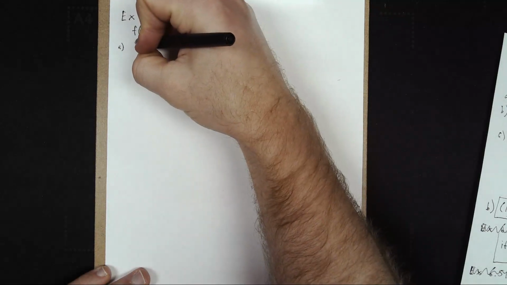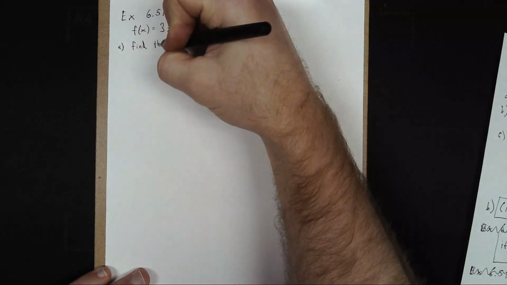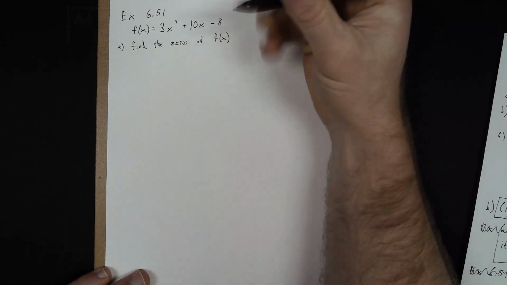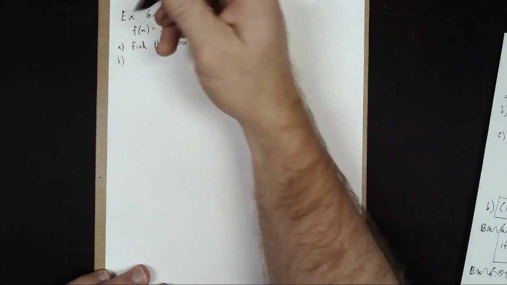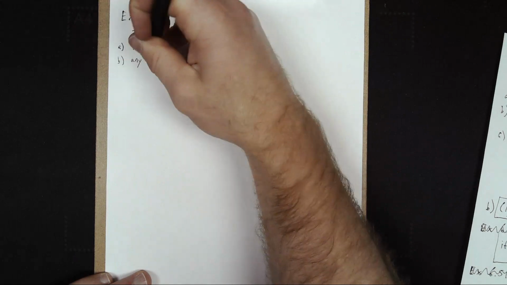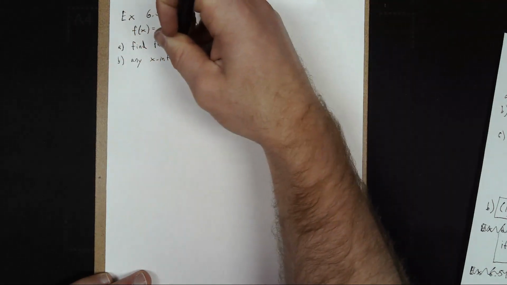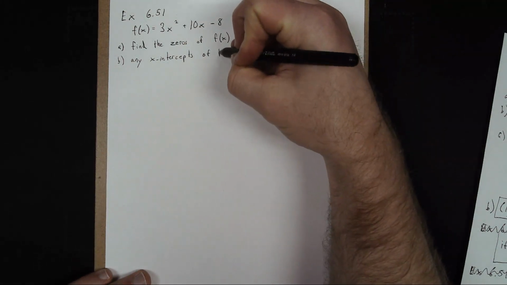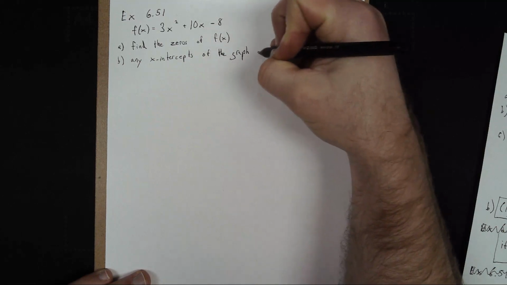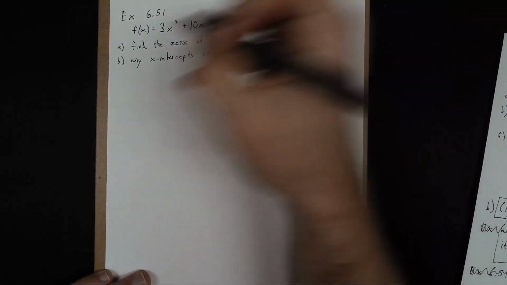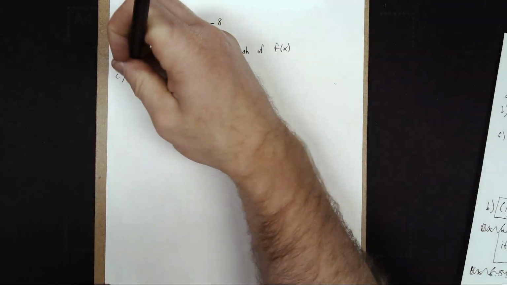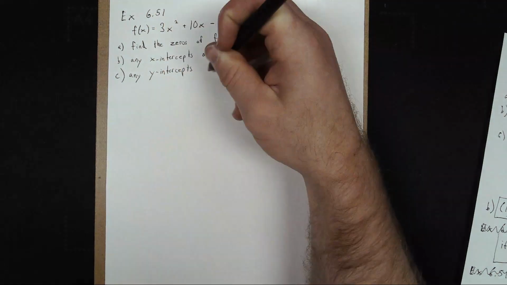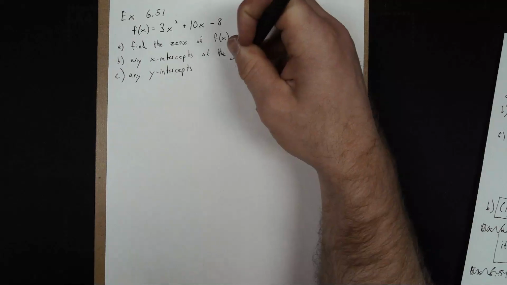For a, we're going to be finding the zeros of f of x. For b, we're going to be finding any x-intercepts of the graph of f of x. And for c, we're going to find any y-intercepts of the graph of f of x.